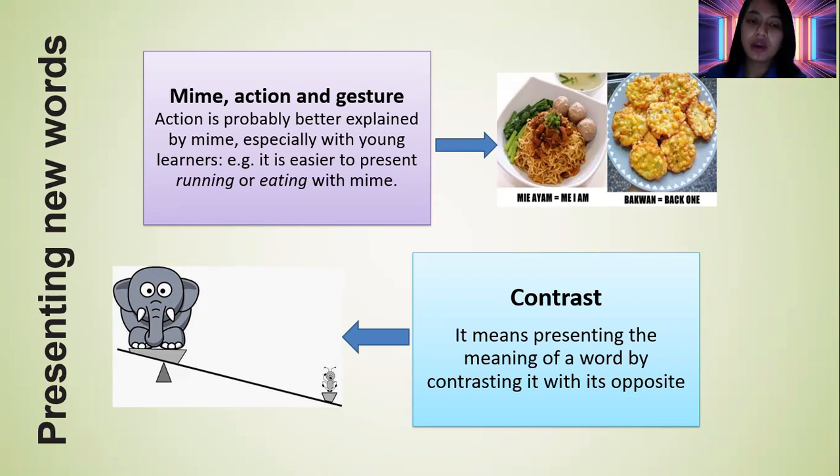There is an example of big and small: big for elephant, small for ants. It can be carried out verbally, but also with the help of pictures or miming, by simply drawing attention to the contrast in meaning.